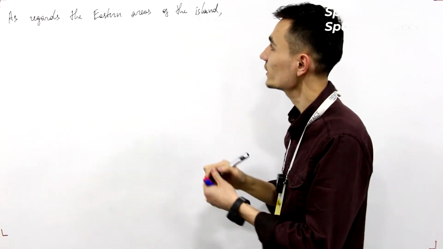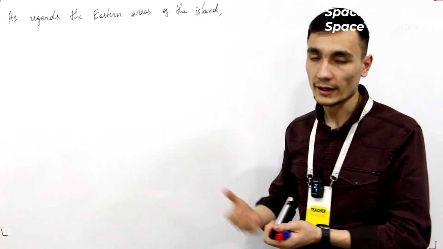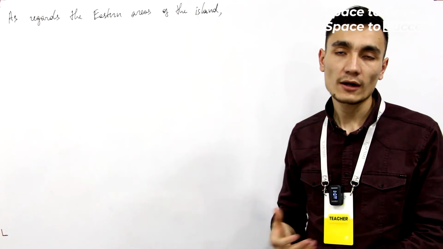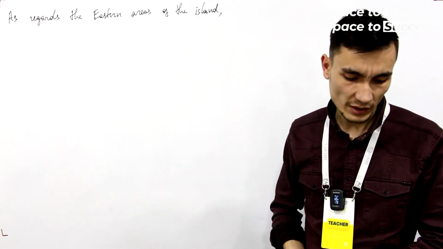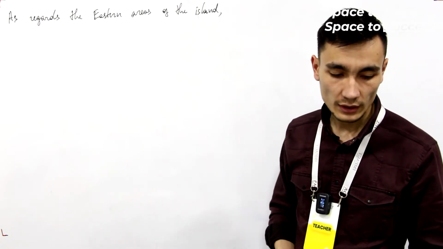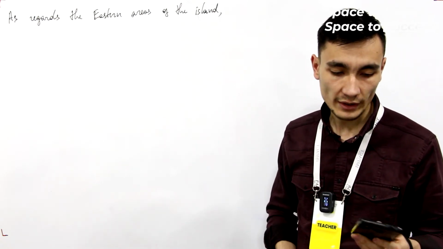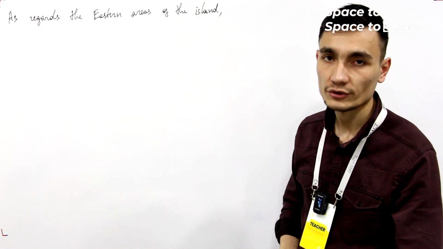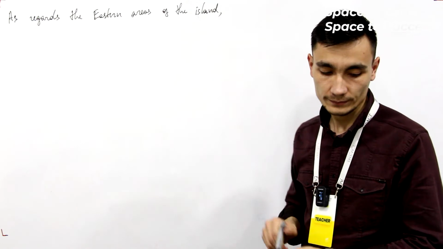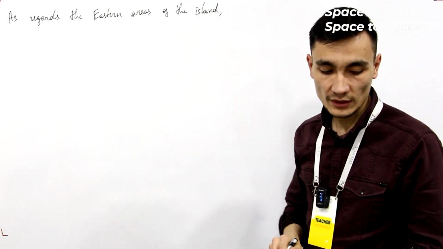So I said as regards the eastern areas of the island, close to the center, we have a round restaurant, an open restaurant. Let me just check. It's an open restaurant, round-shaped or circle-shaped, close to the center. So there used to be trees, right?